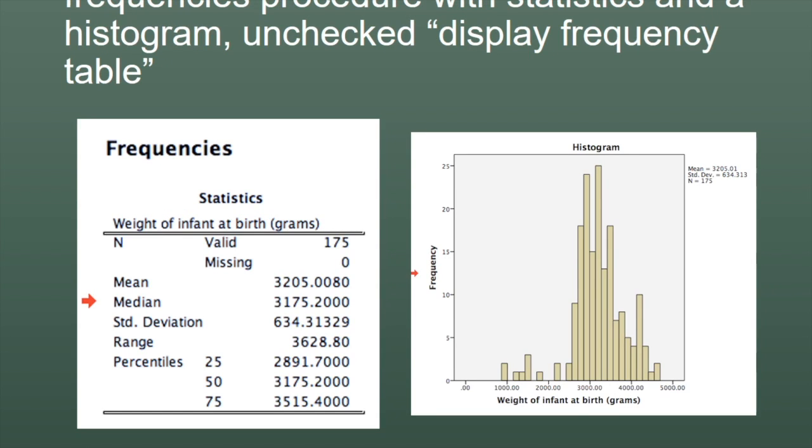So if we did check off the mean, median, standard deviation, range, and percentiles, as well as making a histogram for our variable of weight, you'll see that this is our output that comes out. On the left, I have the frequencies with the statistics that show the number valid, 175, the number missing, which is 0, yay! Then we have the mean value, the median value, the standard deviation value, the range, and then the 3 percentiles.